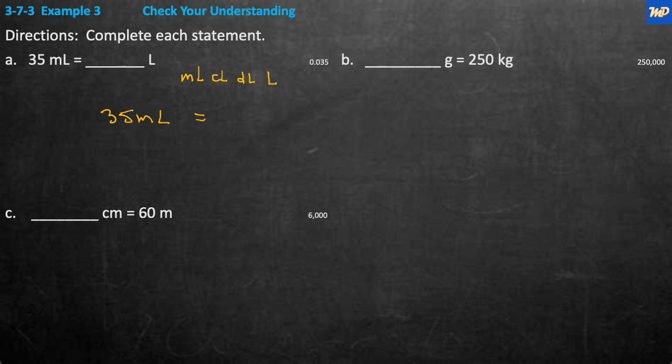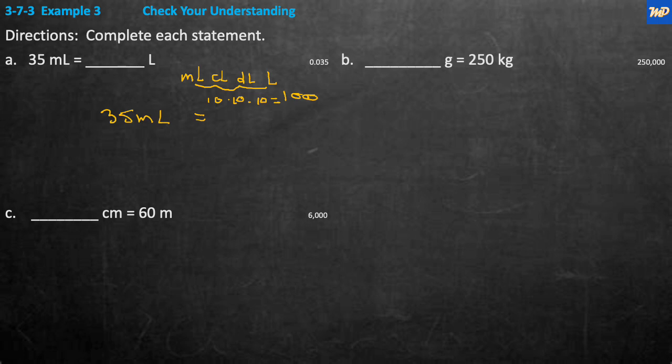And we're going from the small 3 times to the right, which is 1,000. 10 times 10 times 10 equals 1,000. So we're moving from milliliters, smaller to larger. When you move from smaller to larger, from left to right, you divide by the change. Left to right, you divide.